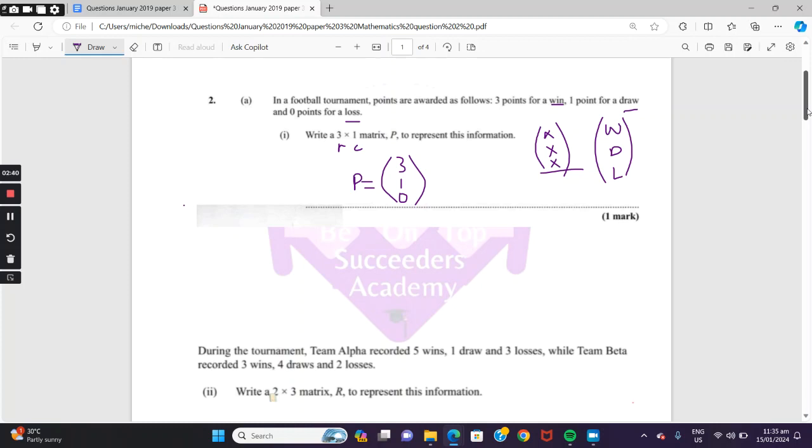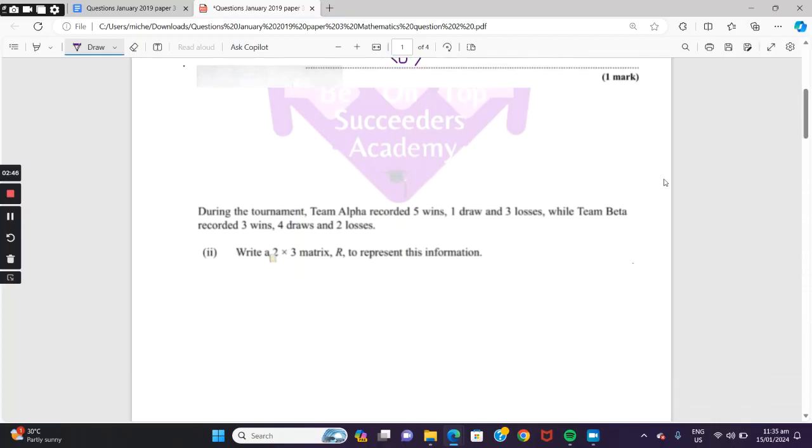Okay, so they're telling us that for matrix R, we have to write a 2 by 3 matrix. The 2 represents rows, the 3 represents columns. So that means the matrix will look something like this.